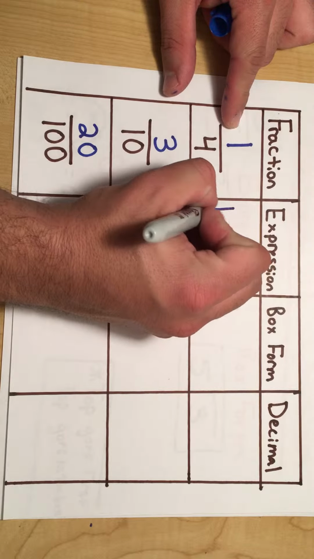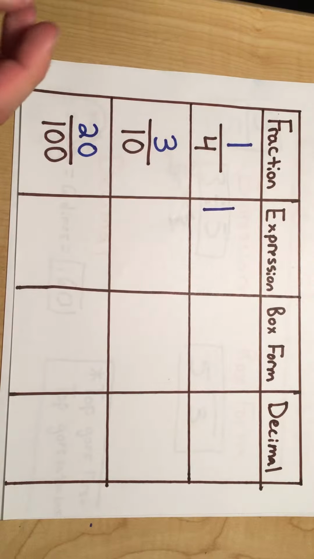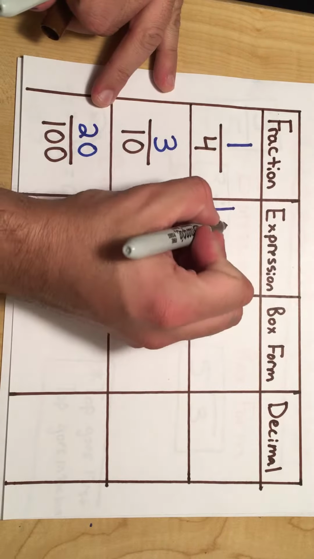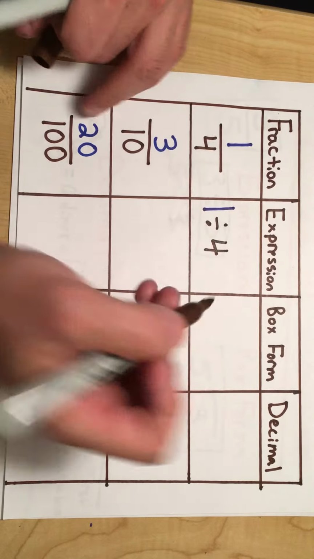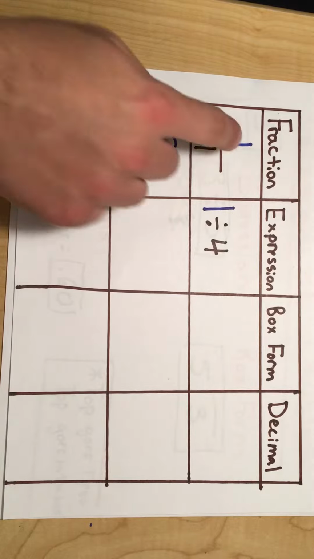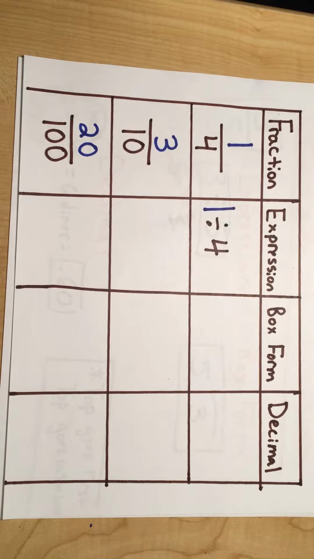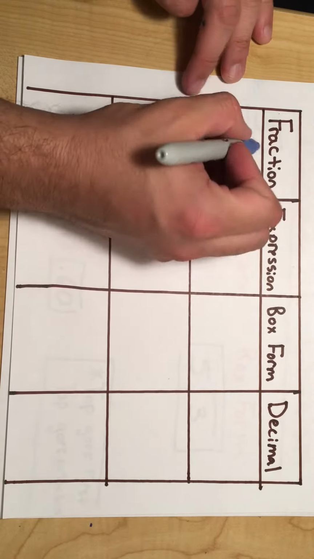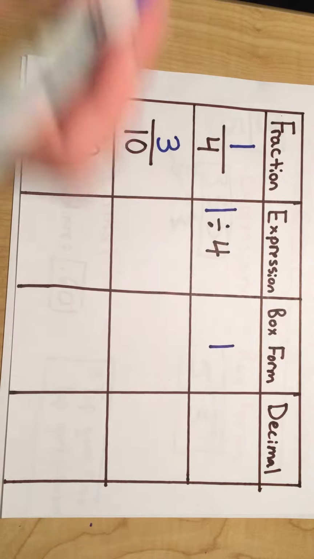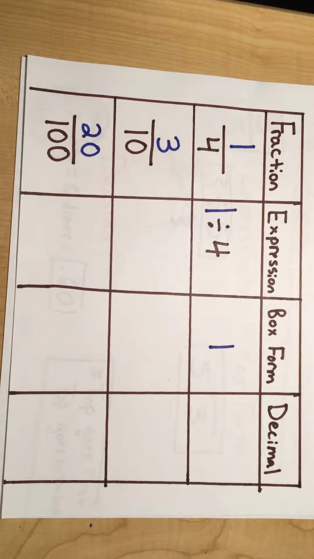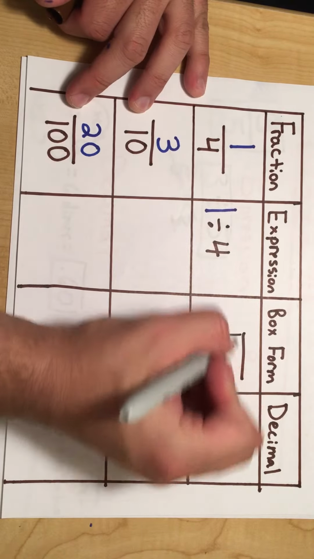So we could rewrite this as an expression as 1 divided by 4. In box form, I've got to put the top number inside the box. Remember, top number in the box, top dog in the house, or cowboy in the house. So this number 1 is going to go inside the box, and the 4 is going to go outside.